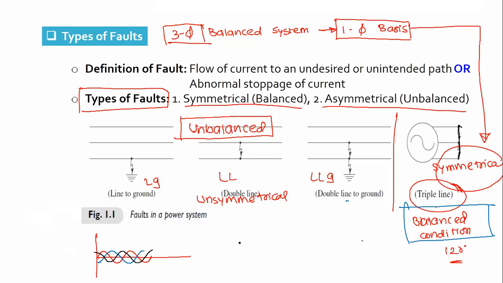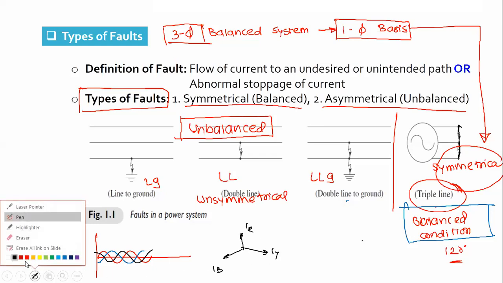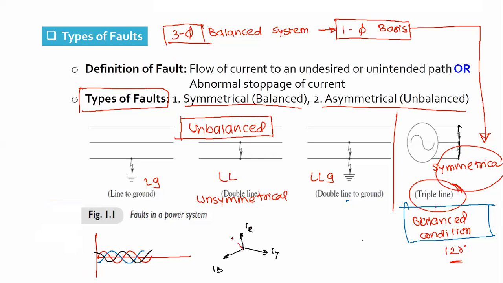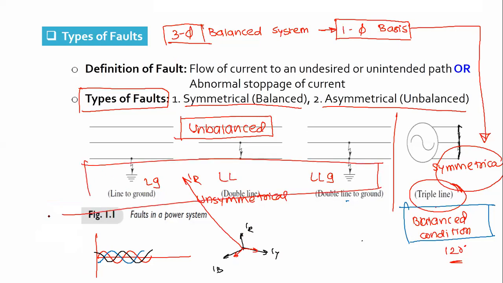Let's say this is pre-fault condition, IR, IY, IB, their magnitudes are the same. Post-fault condition, if I draw, maybe like this. So it is unbalanced, you can see that. Or maybe a line to line fault or double line to ground fault. So the change in current will not be the same in all three phases for these faults, and that is why the system is unbalanced.